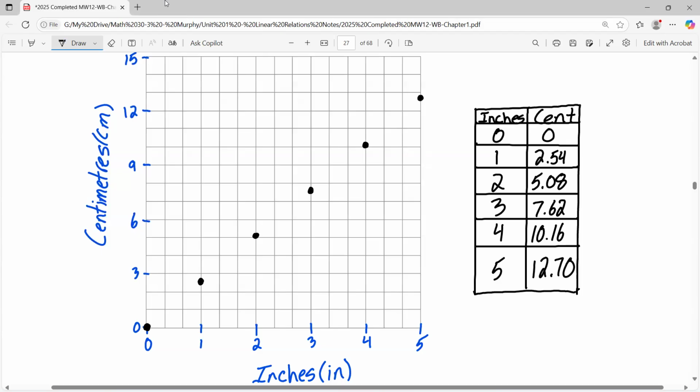And if we plotted them correctly, it should make a straight line. So use your ruler and we will plot in the points. Okay, looks pretty good. All right, on to B.